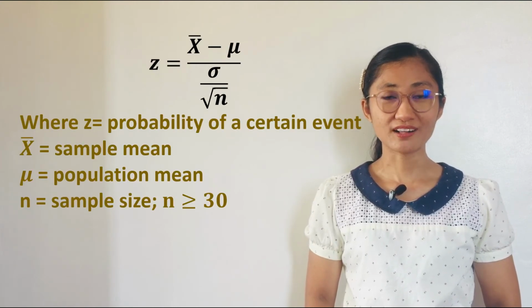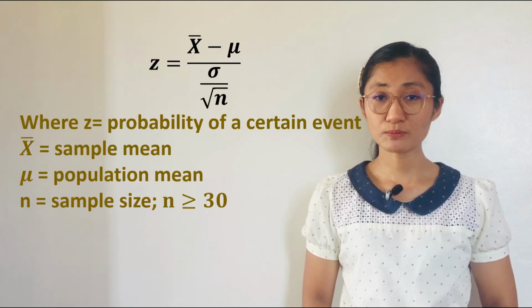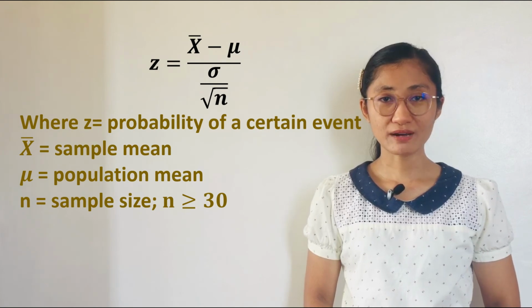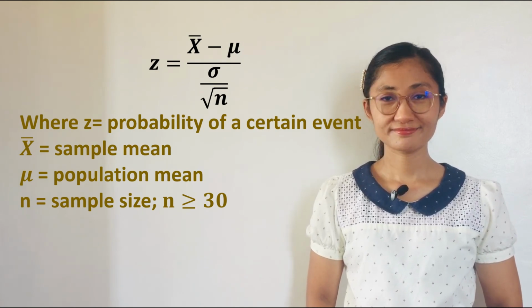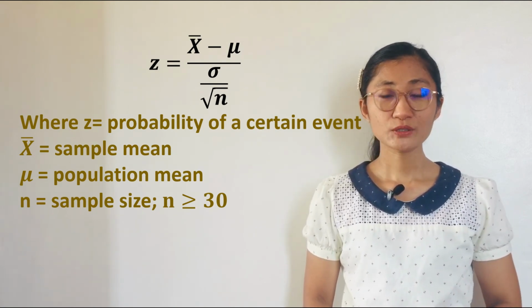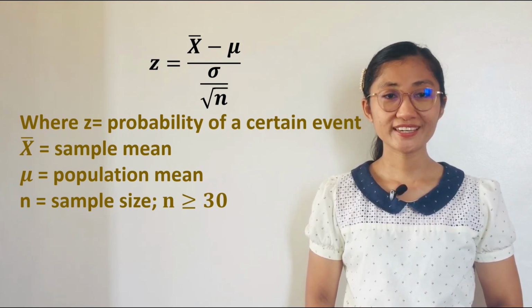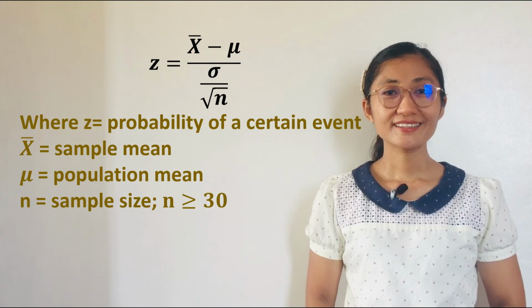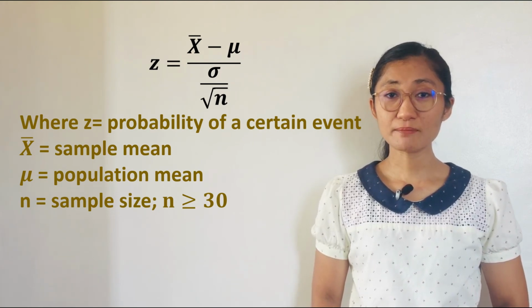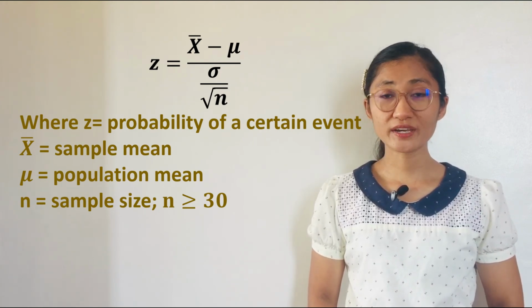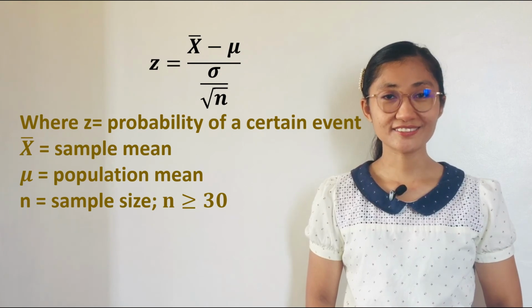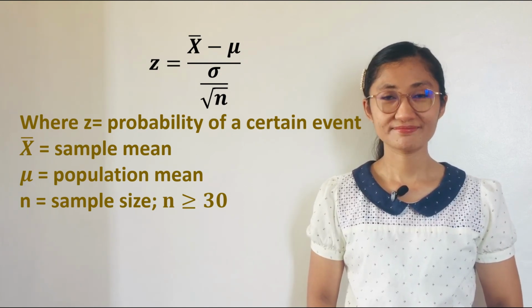To determine the probability of a certain event, we can use the z distribution or the formula z equals x bar minus mu over sigma over square root of small n, where x bar is the sample mean and mu is the population mean. This best applies for large sample sizes, for instance when small n is greater than or equal to 30.